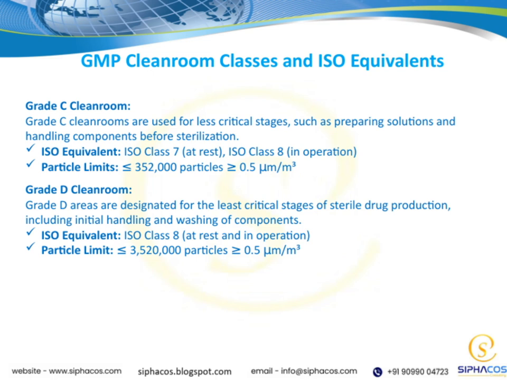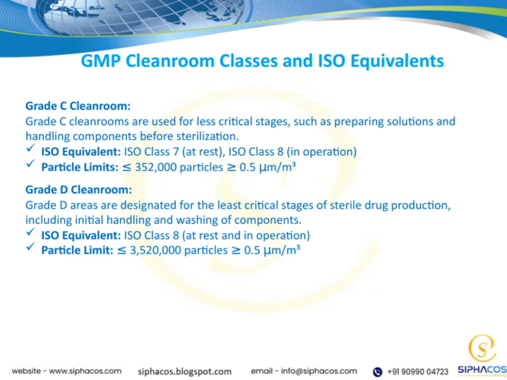Moving on to Grade D cleanrooms, these are designated for the least critical stages of sterile drug production. This includes tasks like initial handling and washing of components, where the risk of contamination is lower but still needs to be managed carefully. For Grade D, the particle limit is much higher, up to 3,520,000 particles of 0.5 micrometers or larger per cubic meter.